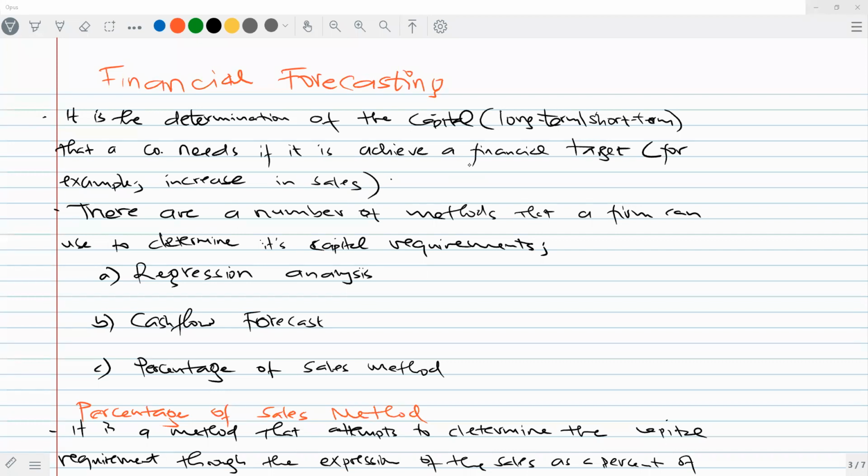That means if the company wants to achieve an increase in sales, it will have to invest more in assets, because the assets you have are already 100% utilized.